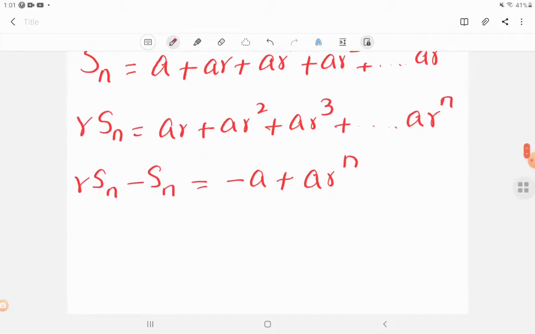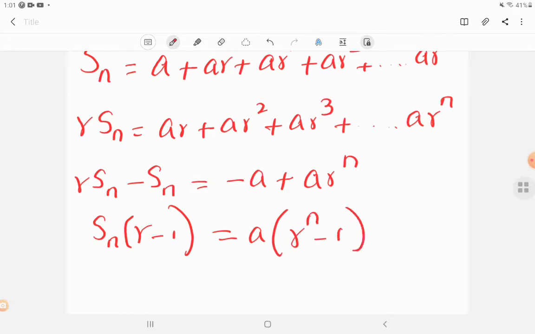Now we take Sn common out. The common factor is Sn on the left hand side. So Sn times r minus 1 is equal to, on the right hand side, a is common. When you take a common out, you get r to the power of n minus 1.